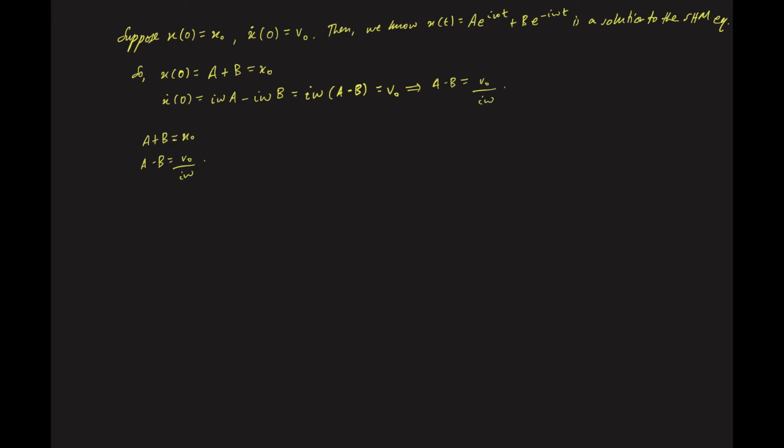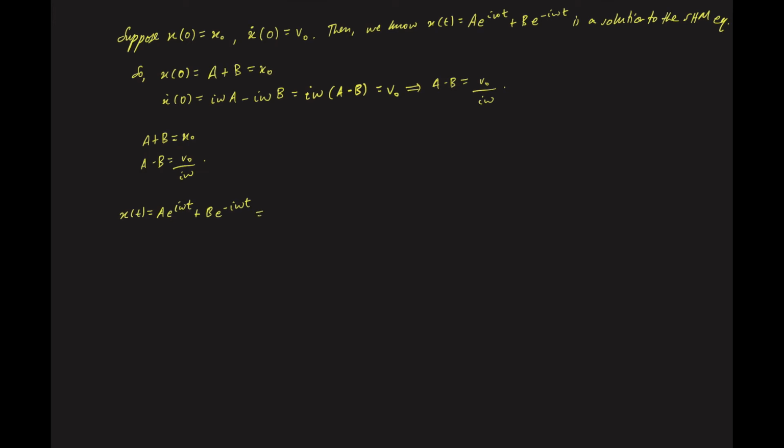Great. Now what do we do? Let's convert our complex exponential solution into one with sine and cosine terms. x of t is A e to the i omega t plus B e to the minus i omega t.